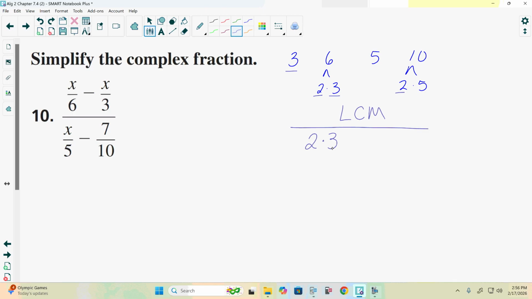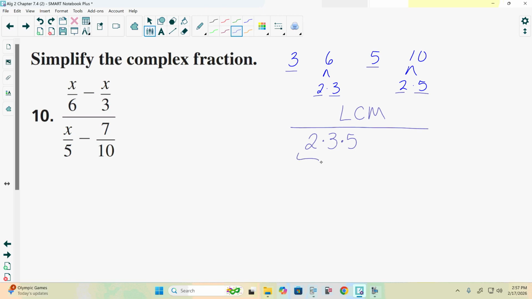Our next factor is 5. 3 and 6 have 0 factors of 5. 5 has 1. And 10 has 1, so we only need it once. Are there any other prime factors to look at across these 4 numbers? No, because 2, 3, and 5 were the only ones that showed up, yes?